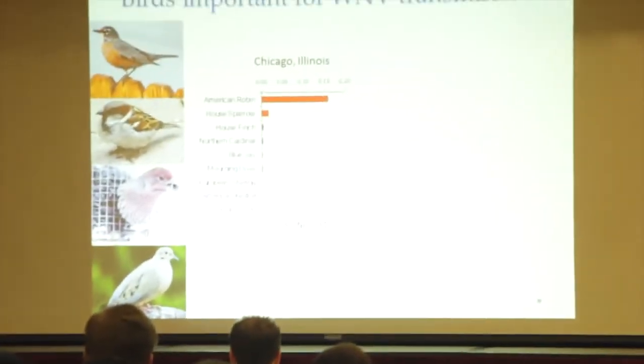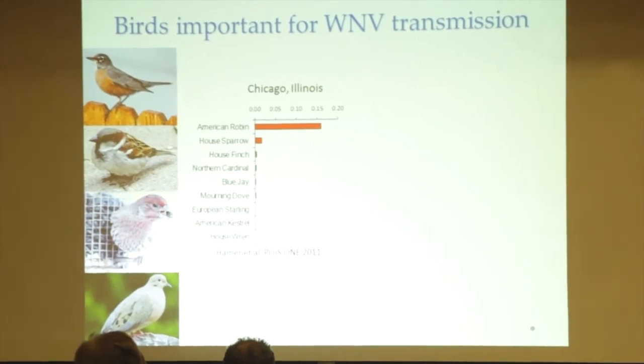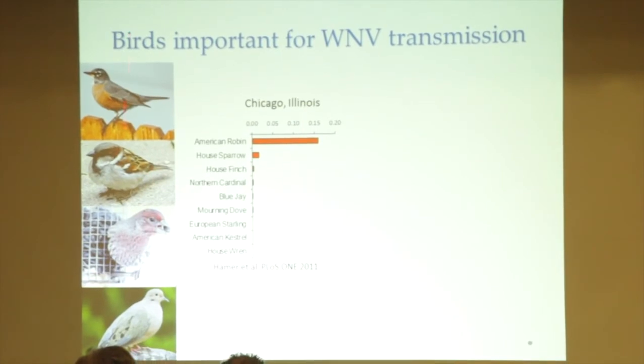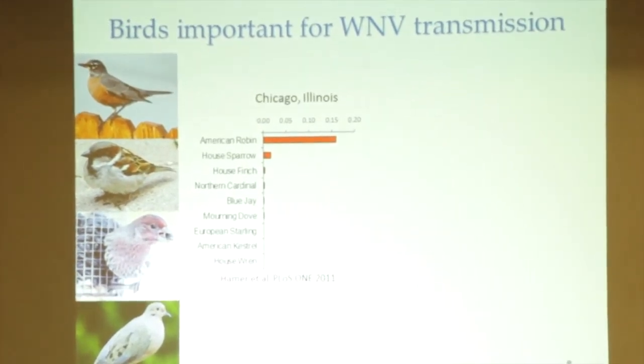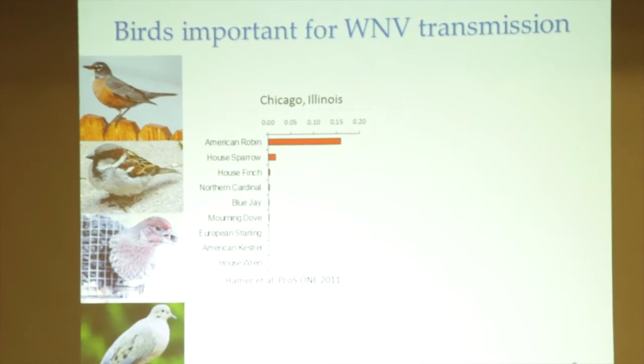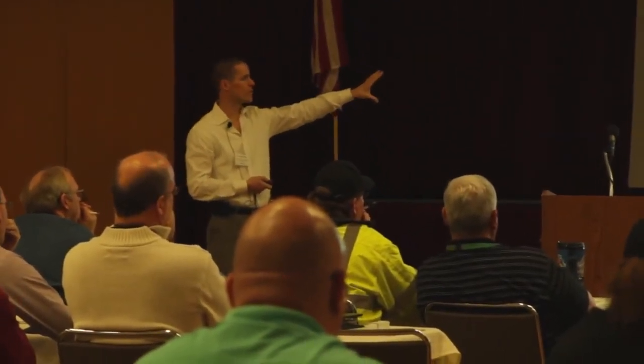So by doing that, for Chicago data, combining the rate at which Culex mosquitoes contact different bird hosts, and then using the competence data coming out of the experimental infection studies, understanding what's the viremic titer, the duration and magnitude, we can consolidate that and determine this force of infection, amplification fraction.